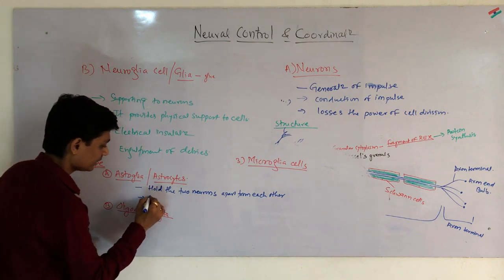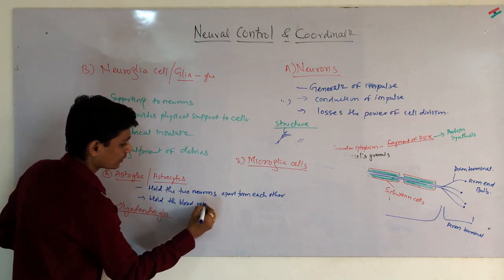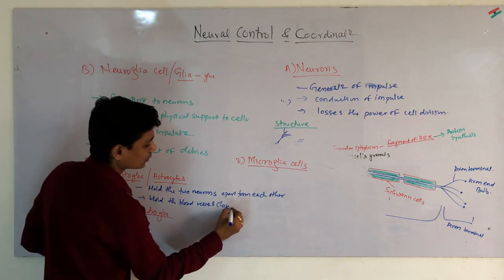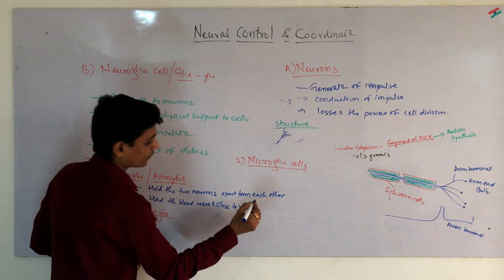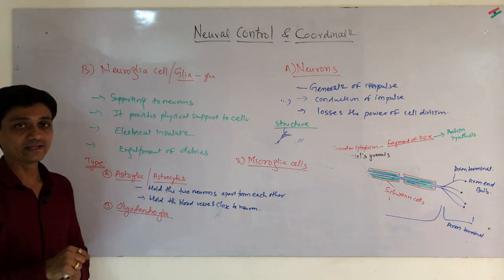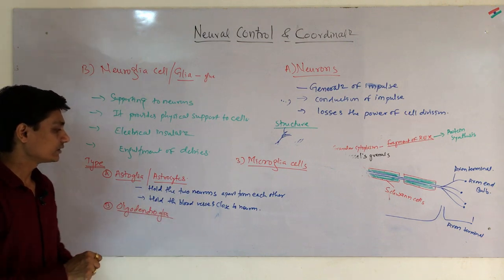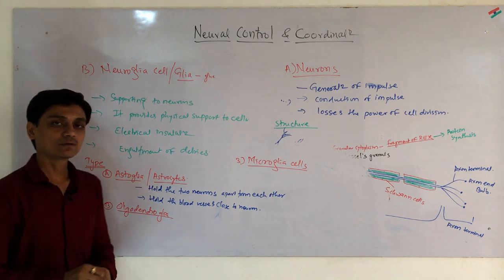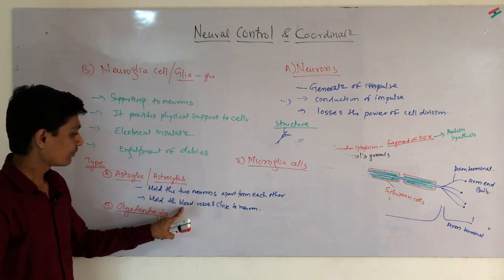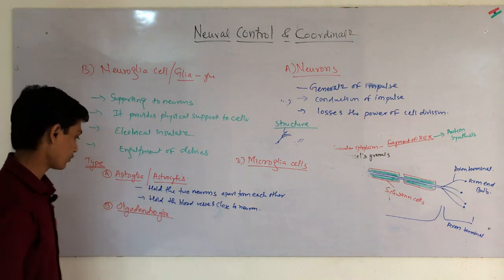Second, it holds the blood vessels close to the neuron, because the neuron is a cell, and that cell requires energy, and for that purpose the blood vessel gives oxygen and other material. These astroglia cells hold the blood vessels close to the neuron.